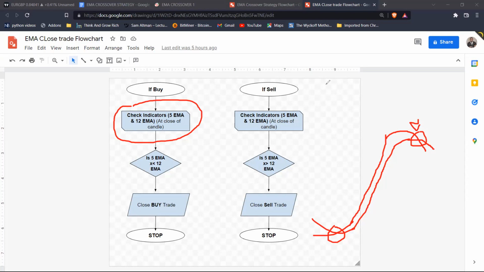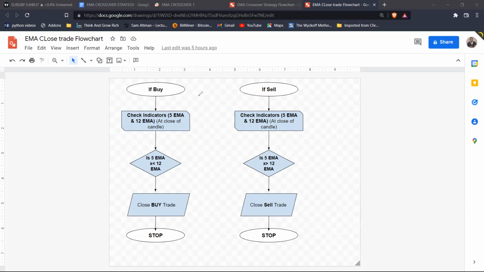So essentially, what it's doing here is, if there's a buy trade, it will check the indicator, the 5-period and the 12-period moving average. At the close of the candle, it will check, is the 5-period moving average crossing below the 12-period moving average? Remember that the instruction to execute a buy trade is if the 5 is crossing above the 12.